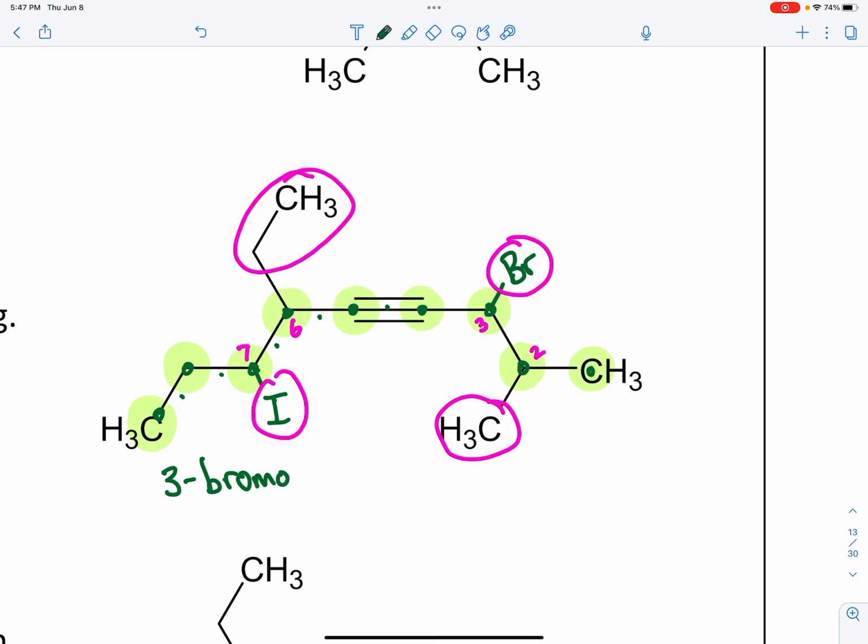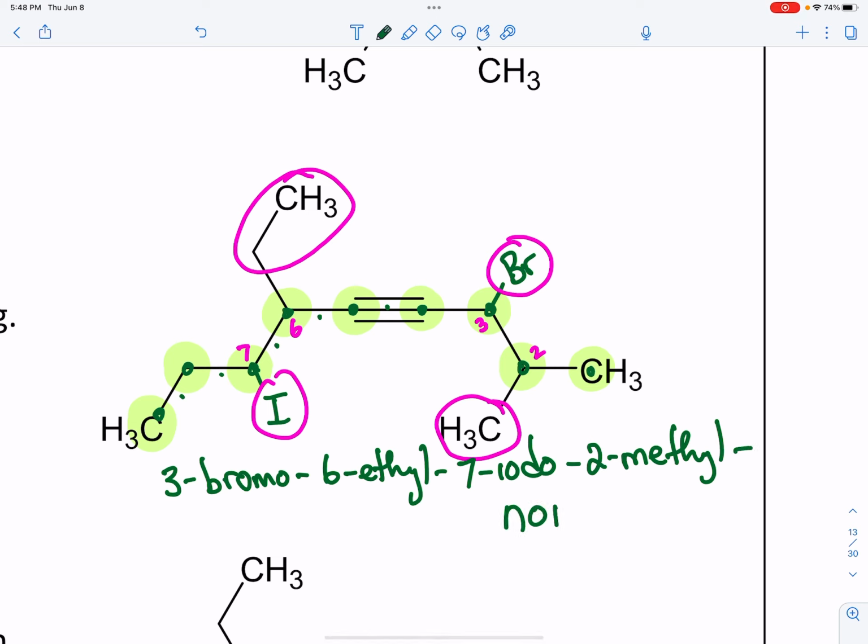Alphabetically, the next one will be ethyl. So we'll say 6-ethyl. Alphabetically, iodo comes next. So 7-iodo. And then methyl comes last. 2-methyl. And then this thing had 9 carbons, so non.